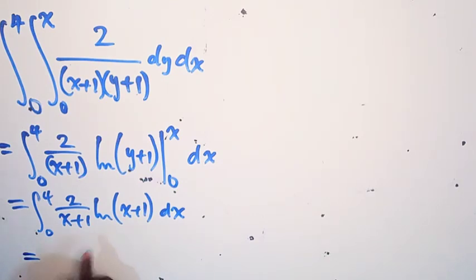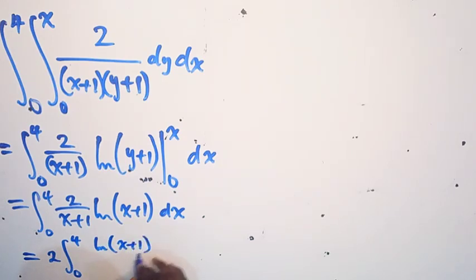Let me rewrite this a little bit. We can factor out the 2. We're going to have 2 times the integral from 0 to 4 of the natural logarithm of x plus 1 divided by x plus 1, and then we put the dx over here. This is nice, isn't it? We can integrate this easily by looking at the derivative of the numerator, which gives us the denominator.